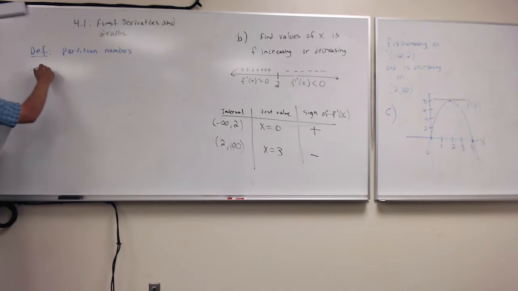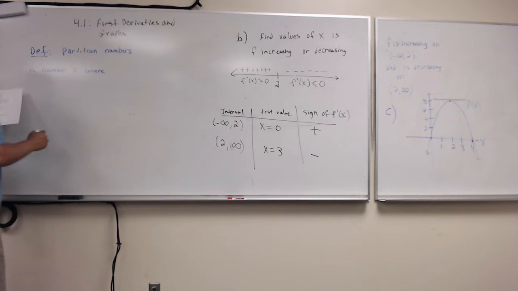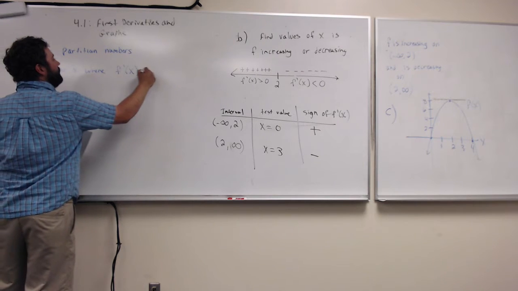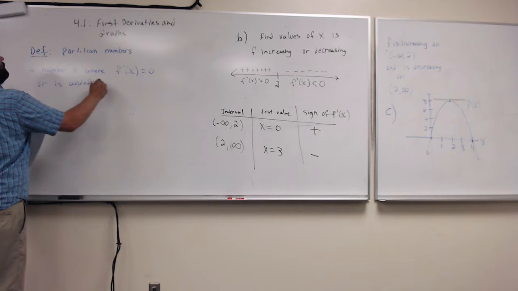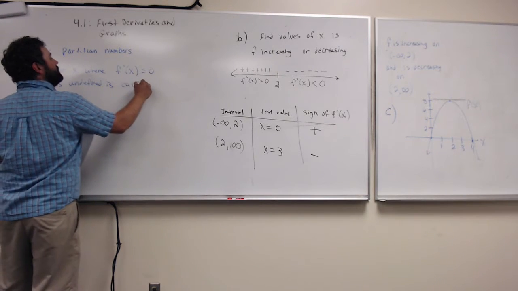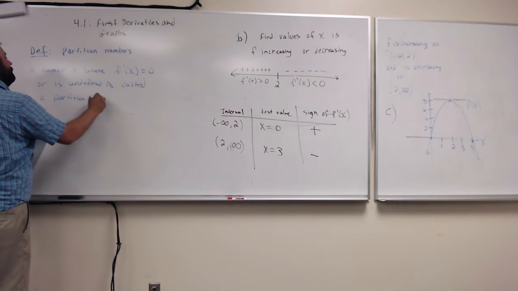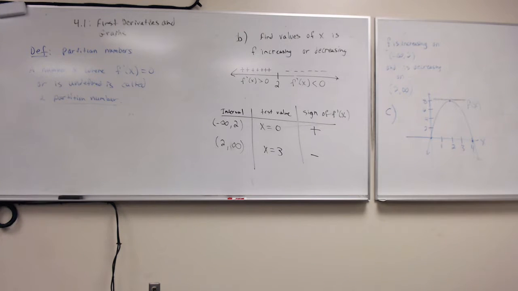A number x where f prime of x equals 0 or is undefined is called a partition number. A slightly more restricted definition is what's called a critical number.